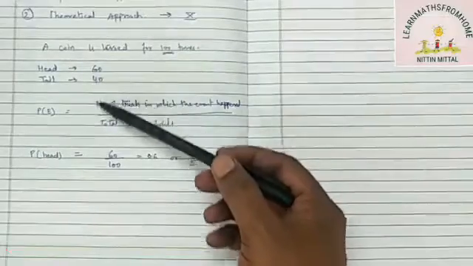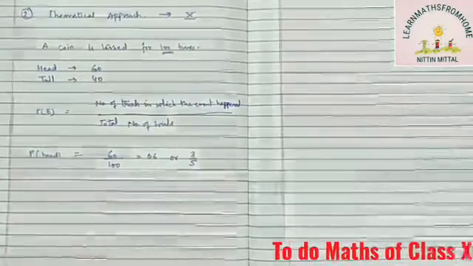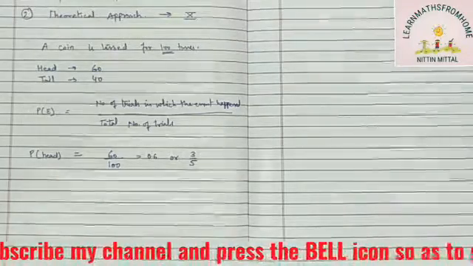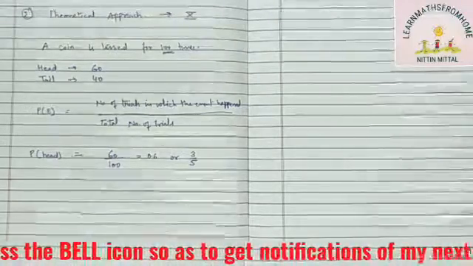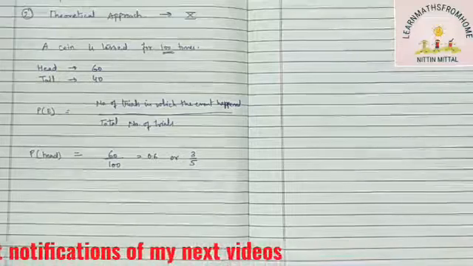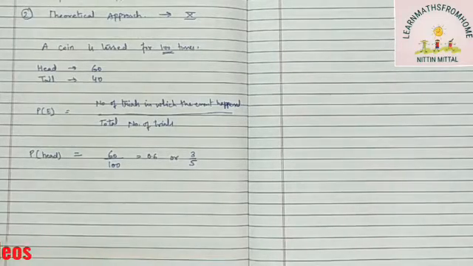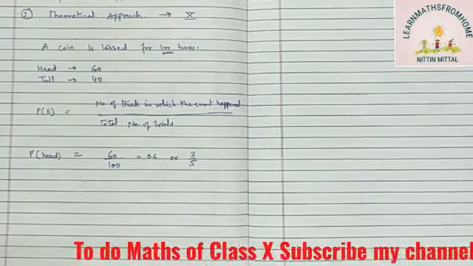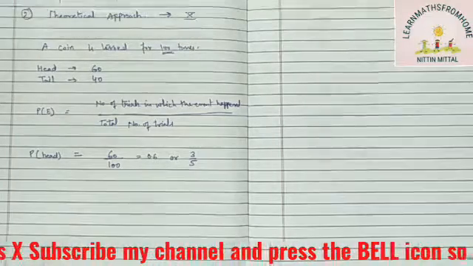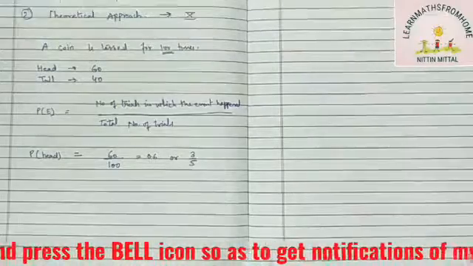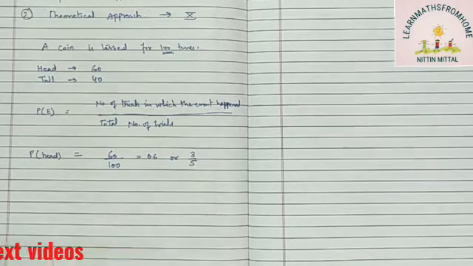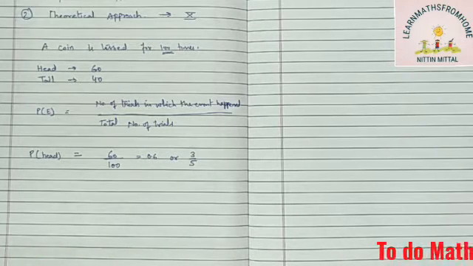Head and tail will have almost equal number of chances to occur. So this experimental probability will turn to theoretical probability in case the number of experiments is very large. This is one thing, right?